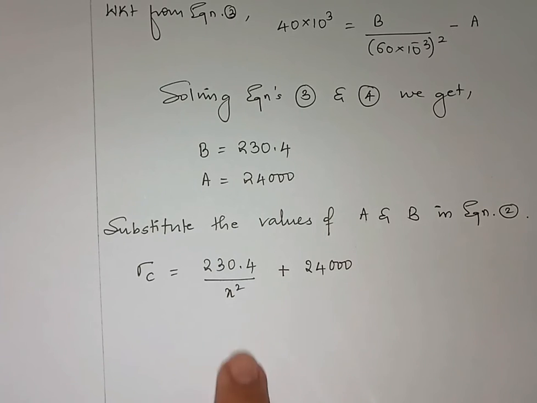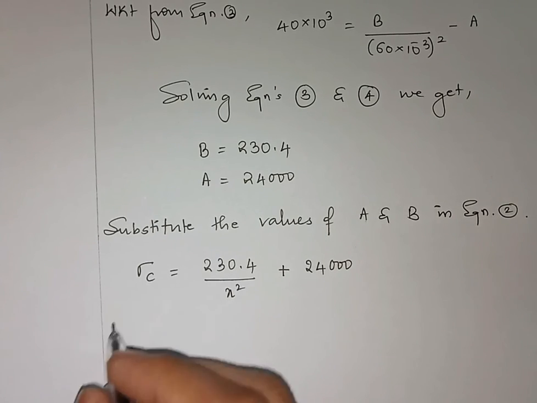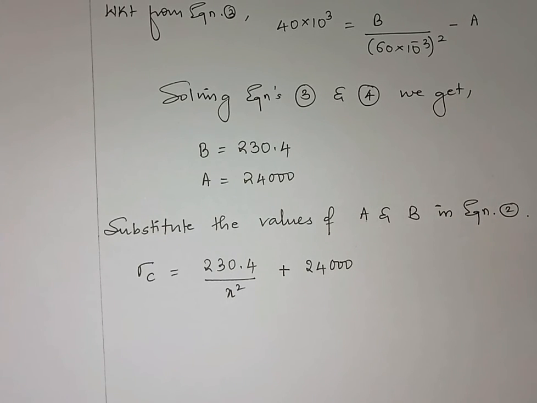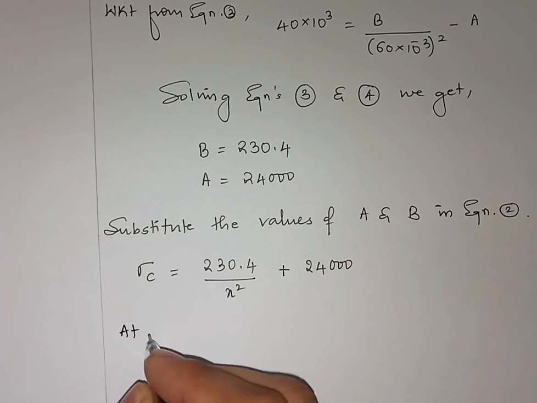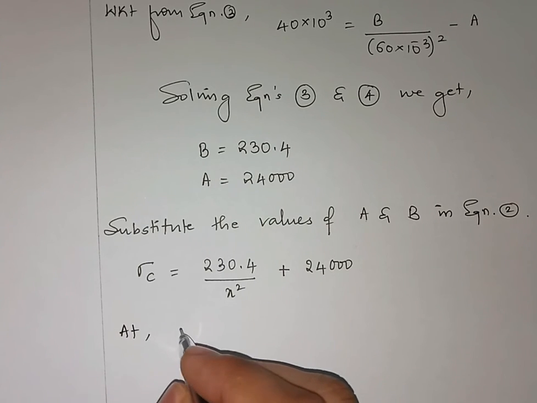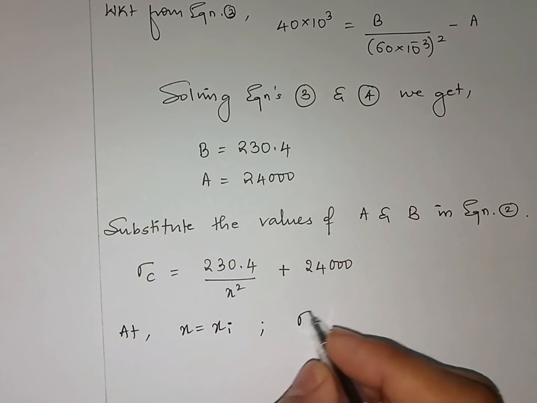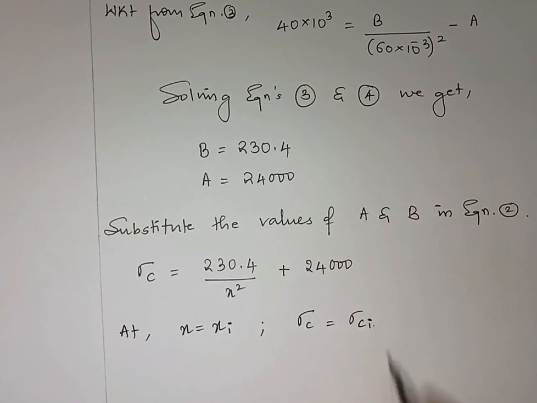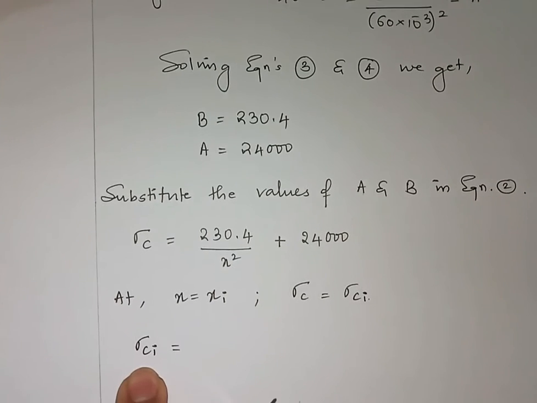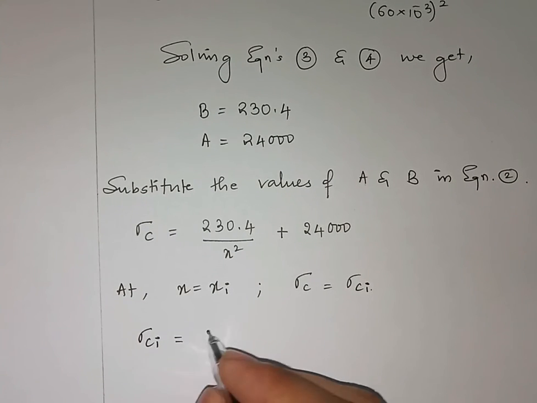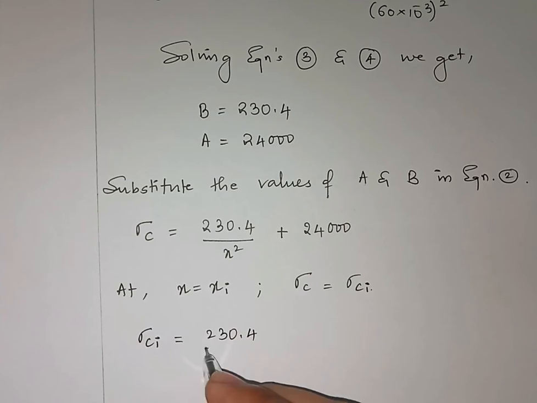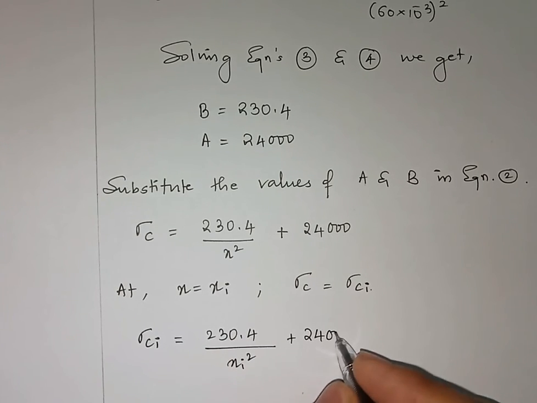Okay, so once again I'll be applying boundary conditions here. What are the boundary conditions? At x equal to xi, sigma C will be sigma Ci, right? So sigma Ci, that is the circumferential stress on the inner part of the cylinder, will be equal to 230.4 divided by xi square plus 24,000.